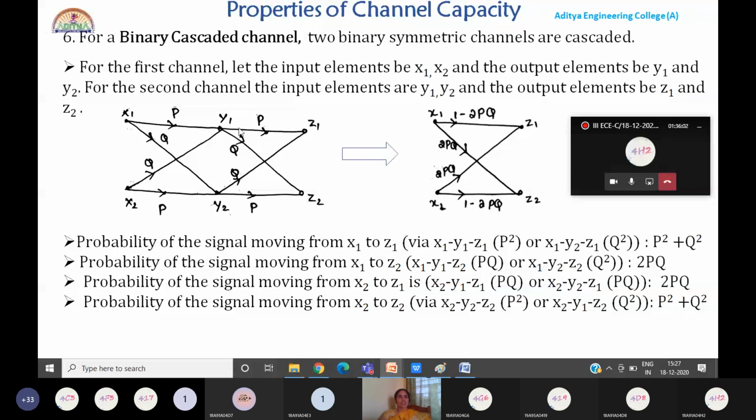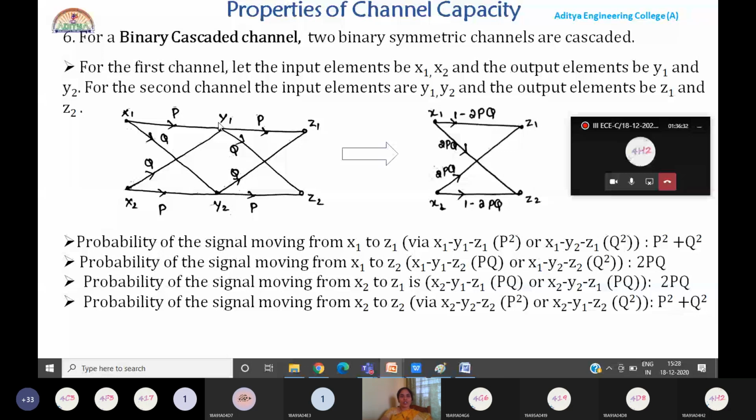So the left side figure shows the cascade combination of first channel followed by second channel, and the channel shown on the right side is the equivalent representation. So what is X1? Please observe X1 and X2 are the inputs to the first channel and also inputs to the cascaded channel.